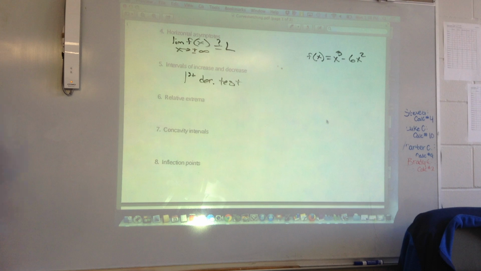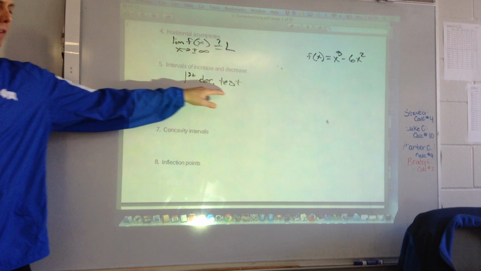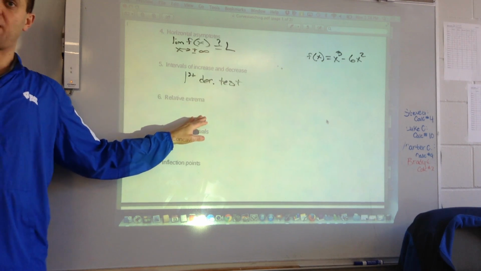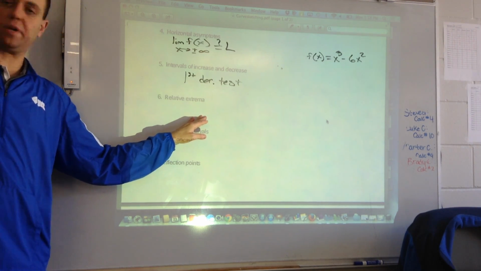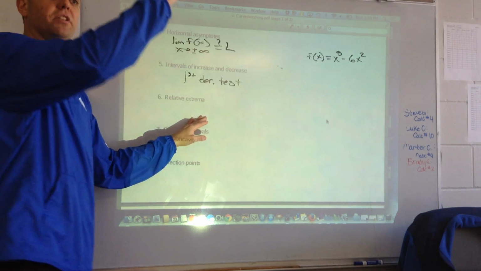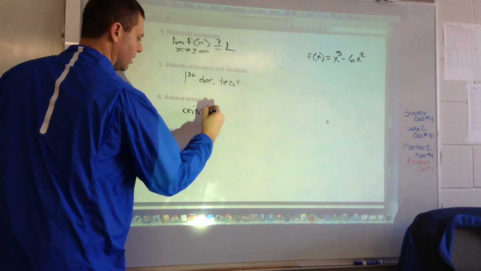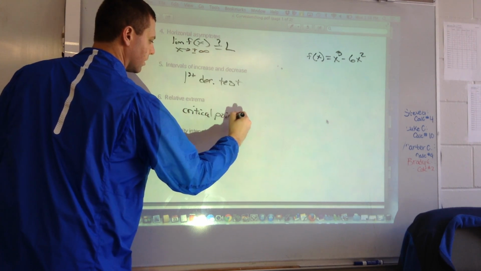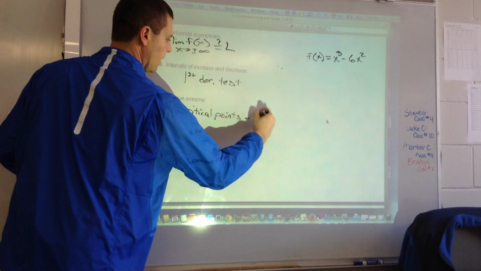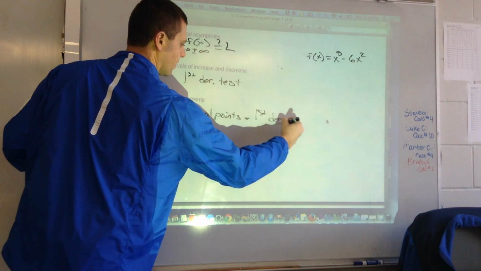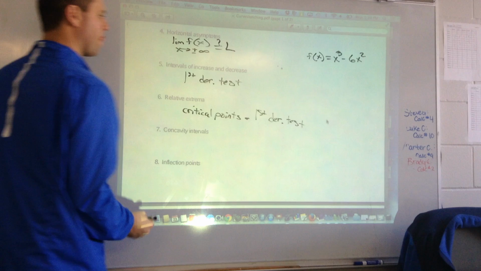Using the critical points and using our first derivative test to determine if the graph was increasing and then decreasing, therefore we'd have a max. If it was decreasing then increasing, therefore we'd have a min. Okay? So you're using critical points and first derivative test again.